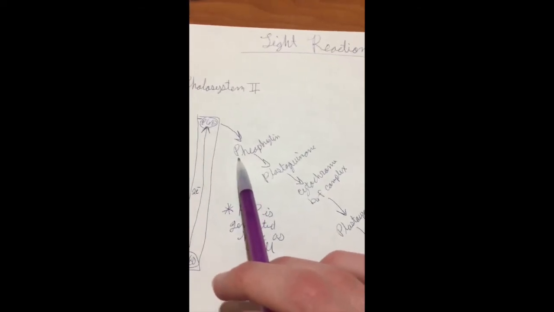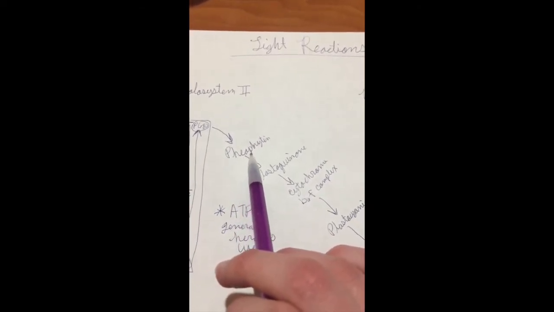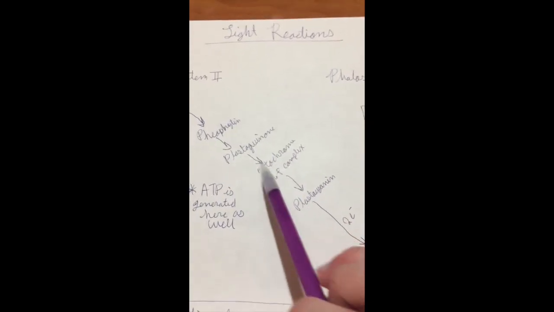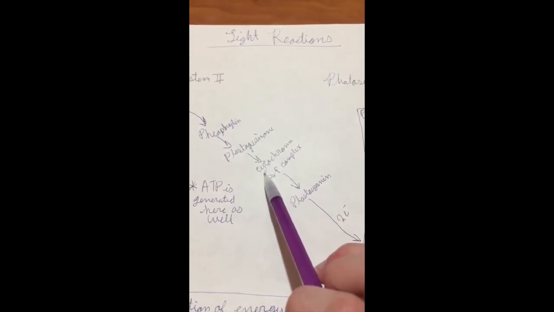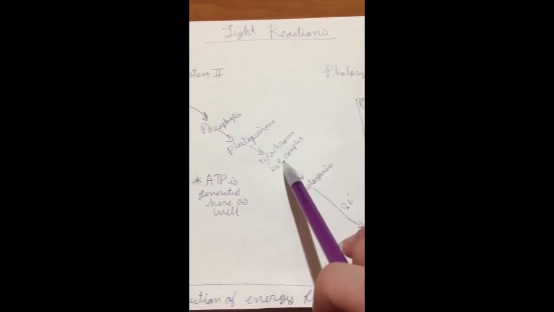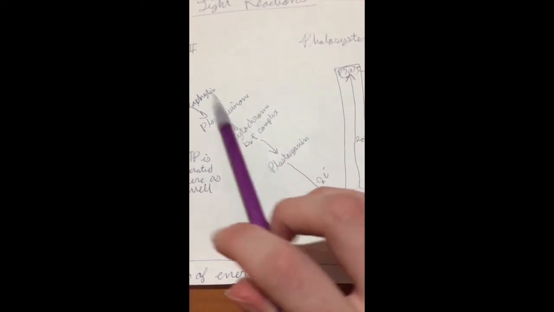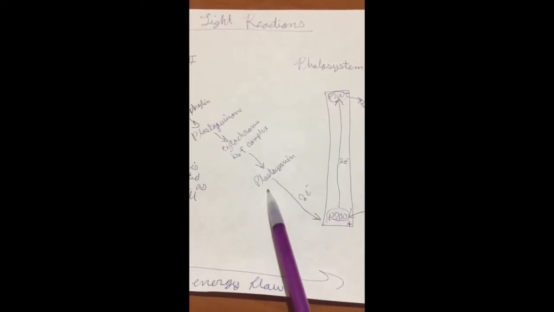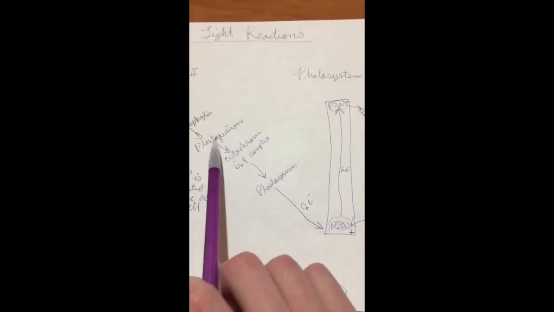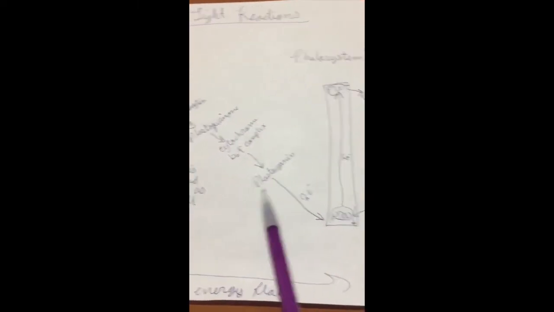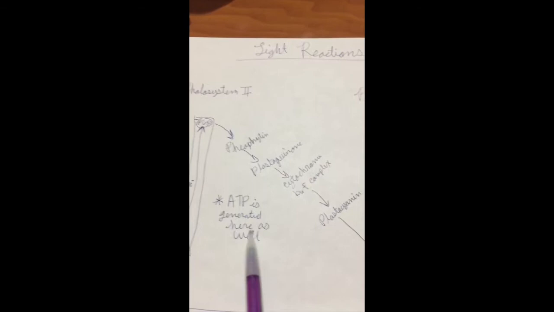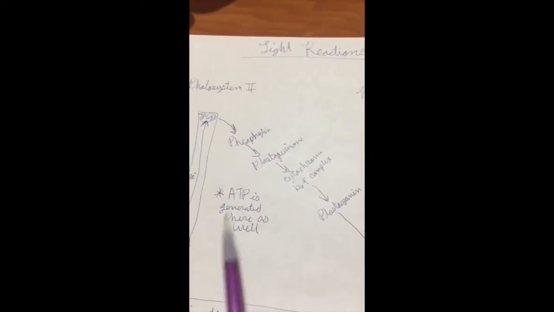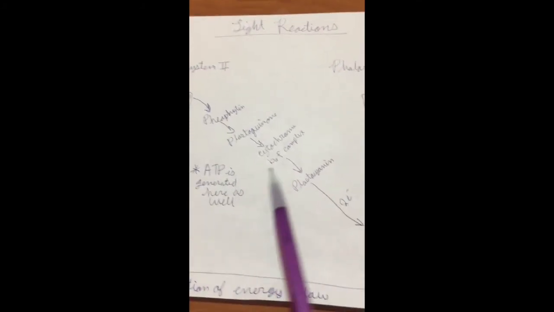I can't really say these words, but phenylalanine and then plastoquinone, which is then transferred down into the cytochrome b6 complex, and then as it moves through the transport chain, becomes plastoquinone again, and ATP is generated here as well as sort of an energy releaser, like an extra.